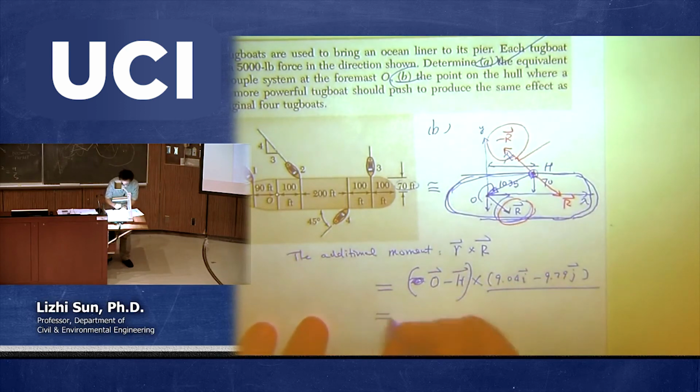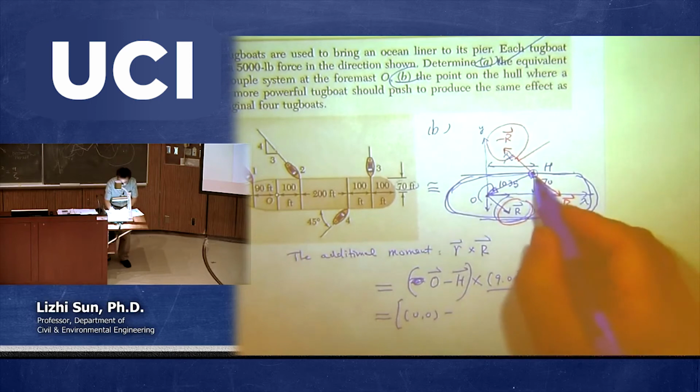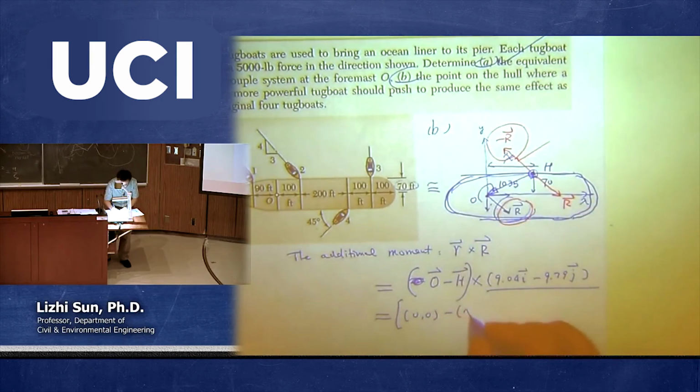And then let's do one more step. What is point O, the two components? That's 0, 0 minus point H. What is point H? Point H, the x component is x. What is the y component? 70. Cross this force.